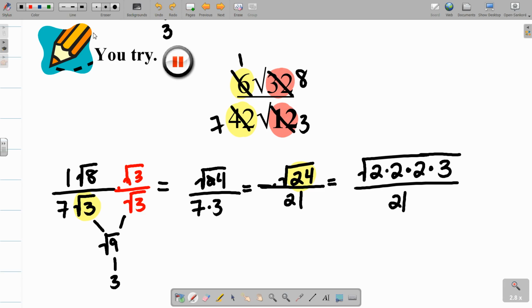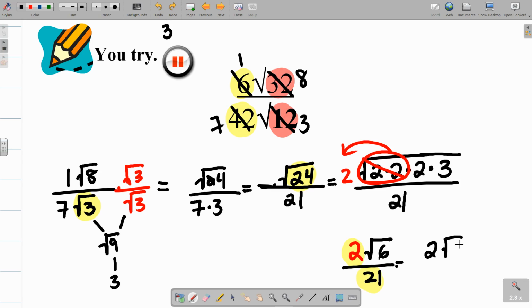Then you bring out your doubles, which is a pair of 2's. Final answer, 2 root 6 over 21. The outies don't simplify. The innies and outies don't talk to each other. Your final answer, 2 root 6 over 21.